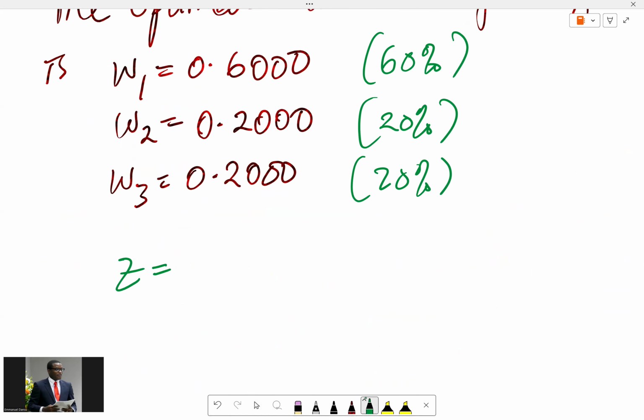That means the total return from all of my investment is 10.80%. That is the optimal solution. If you set that up and solve using the simplex method, that is what you are going to get.